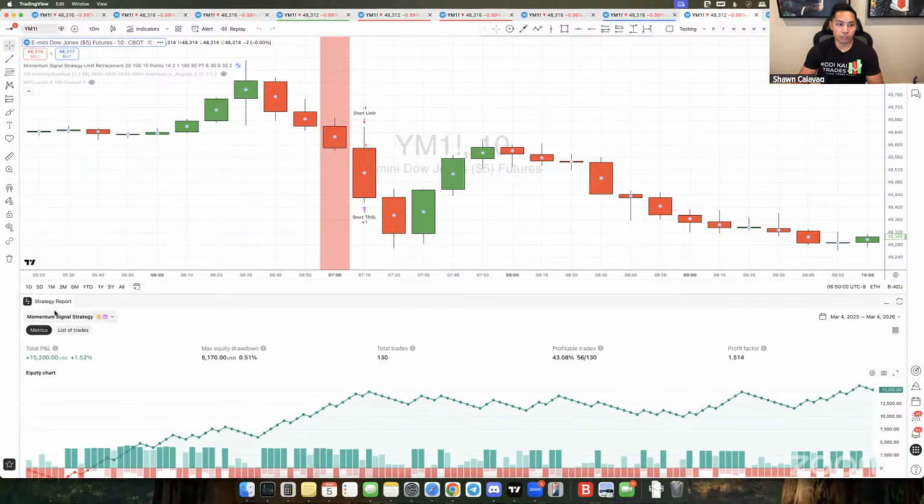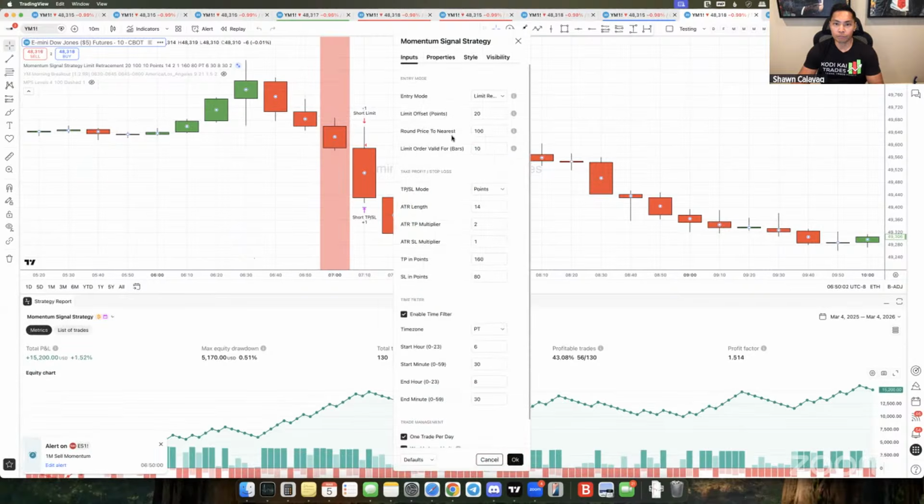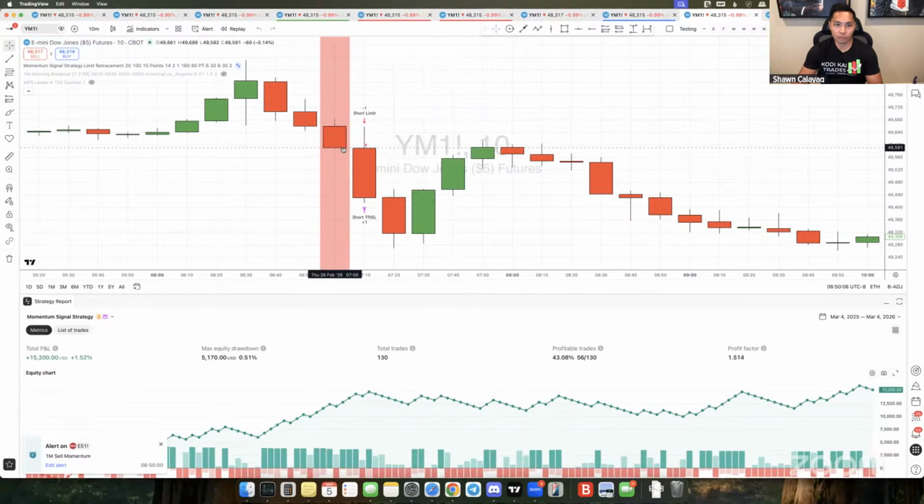So with the strategy, I wanted to account for both. For example, for this type of entry right here, this candle closed at 49,591, and then it would have to go back about 20 points, which is going to be 611, right?